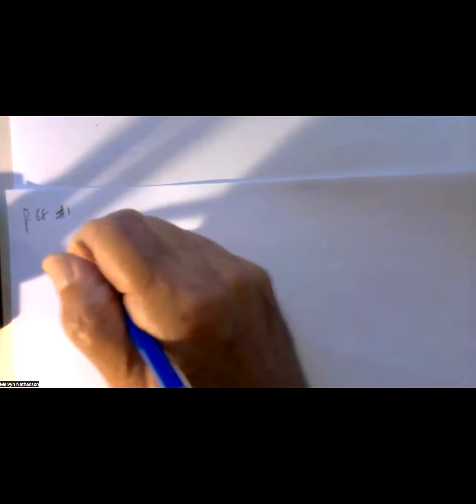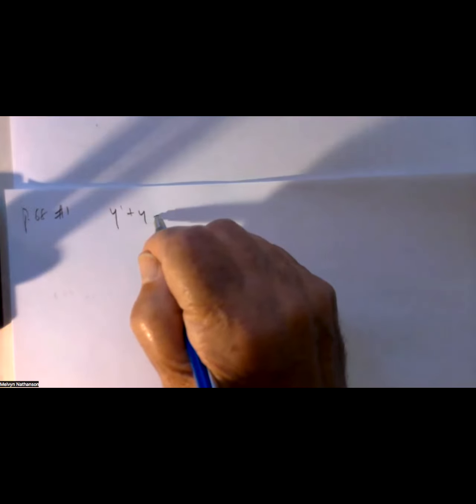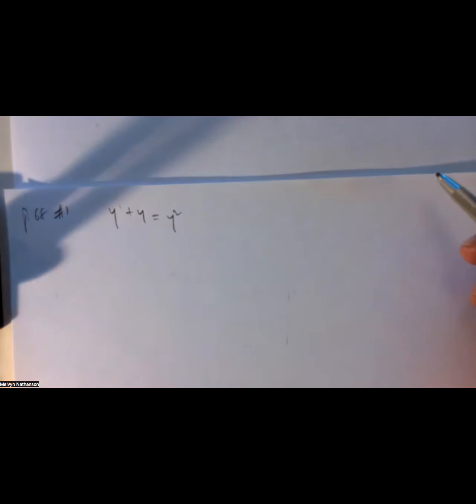And in the homework problems, the first couple were Bernoulli equations. So let's look at the homework. This is on page 68, number 1. Solve the equation y prime plus y equals y squared.